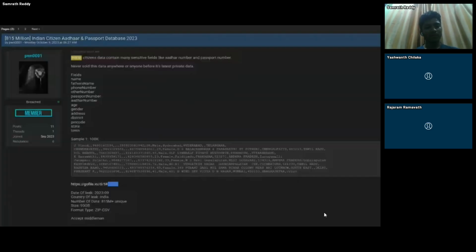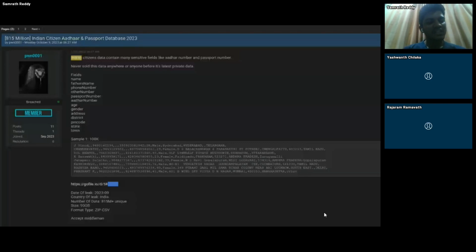Coming to the next, as I have discussed regarding the purpose of cybersecurity, this is a recent database breach where a hacker published the data onto the darknet for ransom, and this data was breached from the ICMR database.